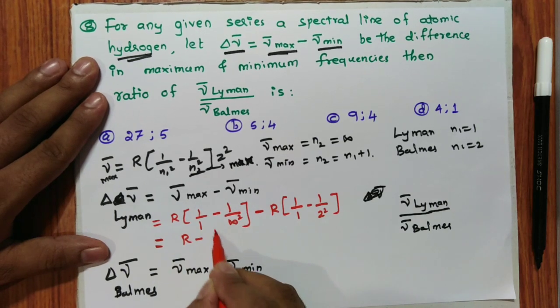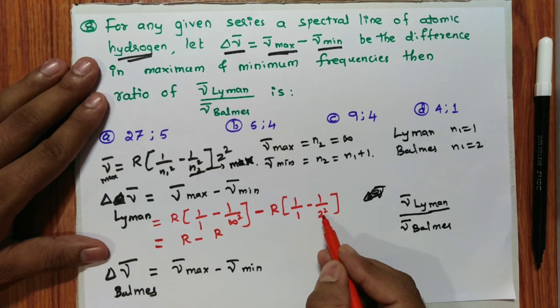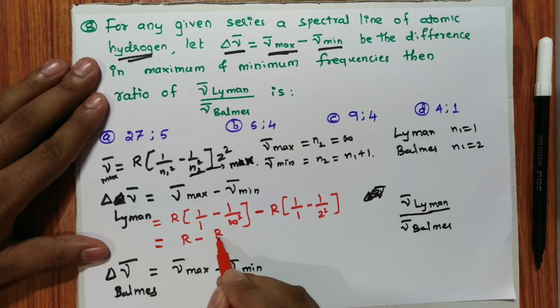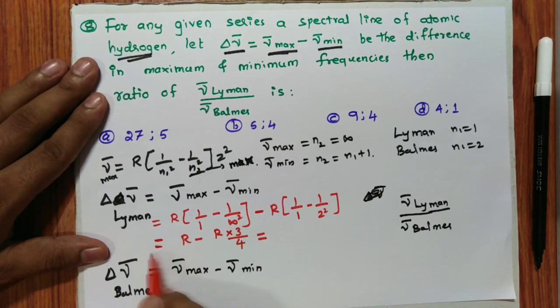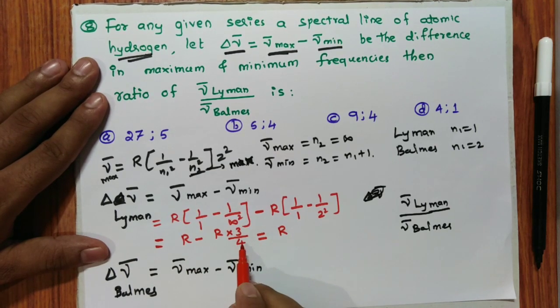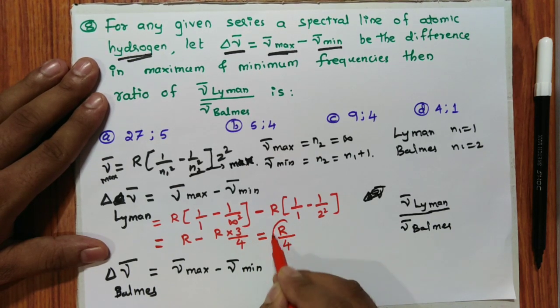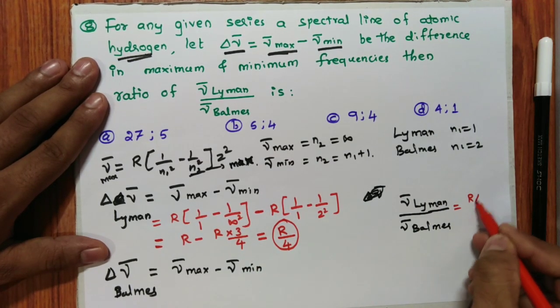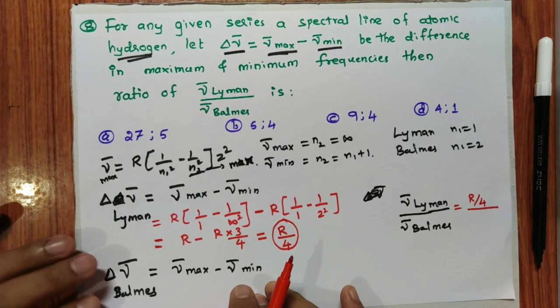So R minus R into, 4 minus 1, 3 by 4, since 2 twos are 4, so 1 minus 1 by 4 is equal to 3 by 4. So R into 3 by 4, R is common, you remove it, and you end up with 1 by 4. So the answer is R by 4. So for this Lyman series, R by 4 I am going to take.